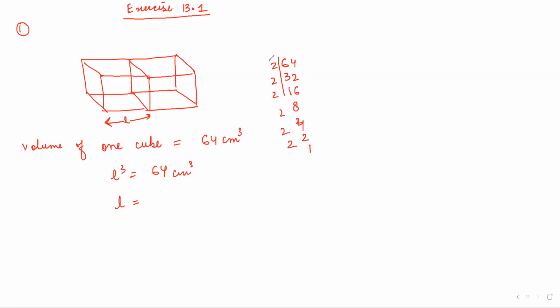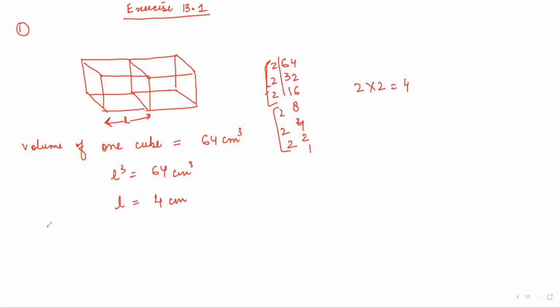Now you want to find cube root, so you make pairs of 3. Now you take 1 from each, so you get 4. In case you have forgotten, so that way. So it will be 4 centimeter. Because you're taking cube root, centimeter cube will become centimeter. So the length of one cube is 4 centimeter.